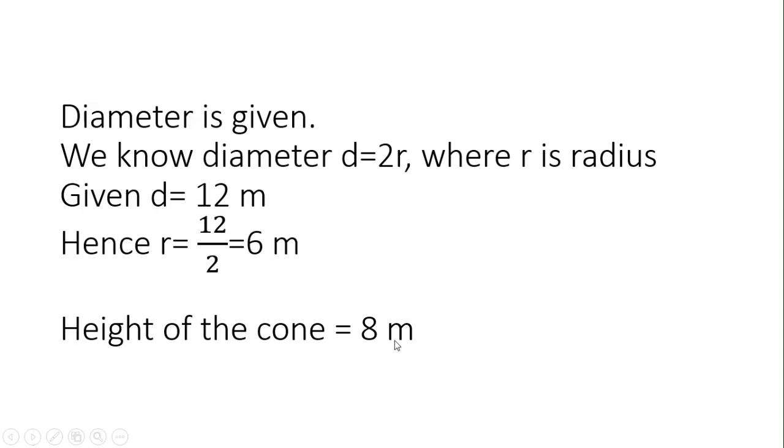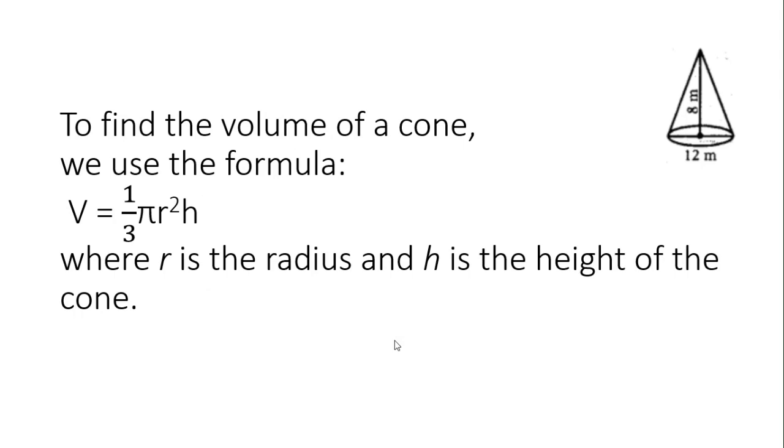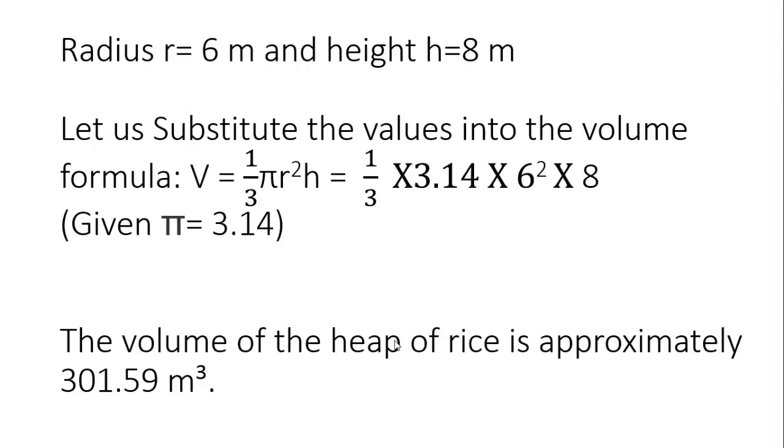When we know the height and radius of the cone, the volume is nothing but 1 by 3 pi r square h, right? We are substituting those values in the formula. It is given pi is equal to 3.14 in the problem. Of course, we know pi is 22 by 7 or 3.14.